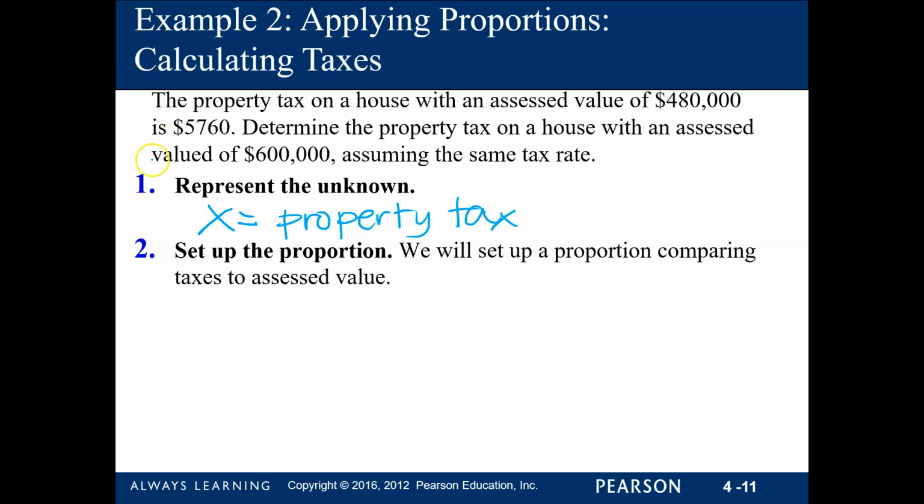All right. Now, we need to set up the proportion. Now, what are the two quantities that are being compared? We have the property tax and also the assessed value. Okay?